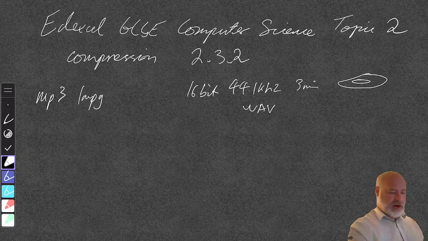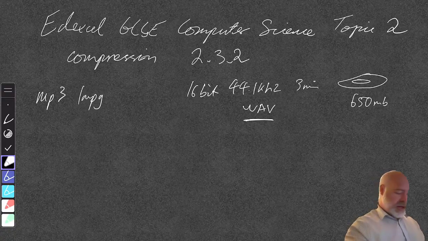On an Apple, sometimes it might be an AIFF file, but generally speaking, a WAV file. Now, a WAV file is going to be uncompressed, but the file size is going to be bigger. So CDs were about 650 megabytes in total, and you could fit a full album on there, no problem.